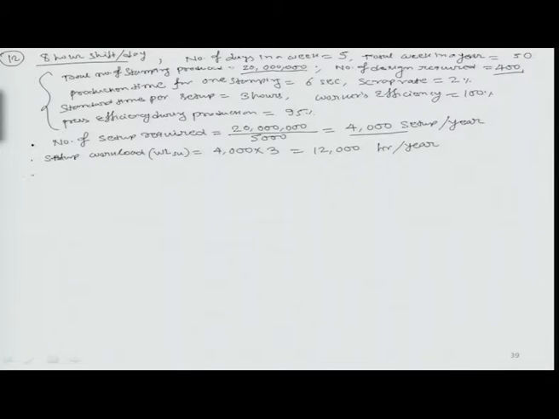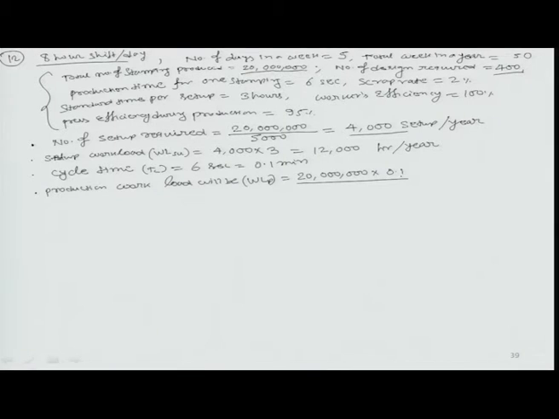Okay. So, the cycle time is also given as 6 seconds. We will have to convert it into minutes, so 0.1 minute. So, the production workload WLP is equal to 2 crore into cycle time 0.1 minute, divided by the scrap factor.